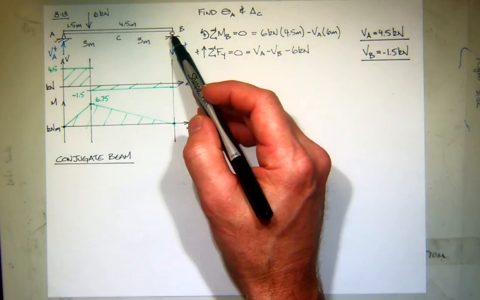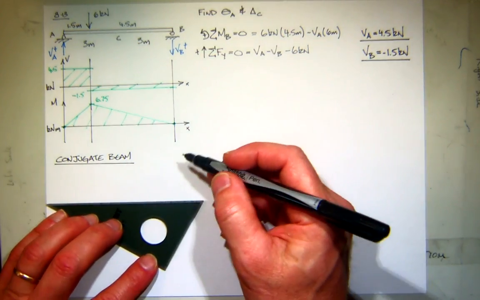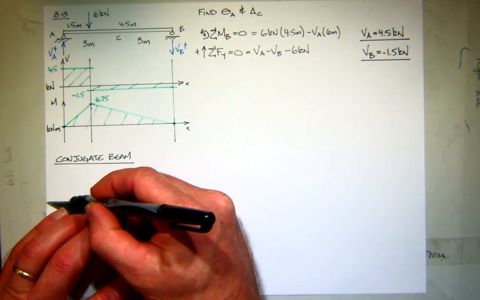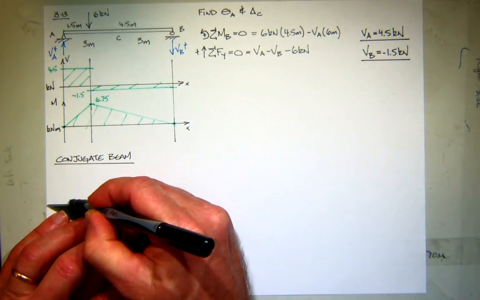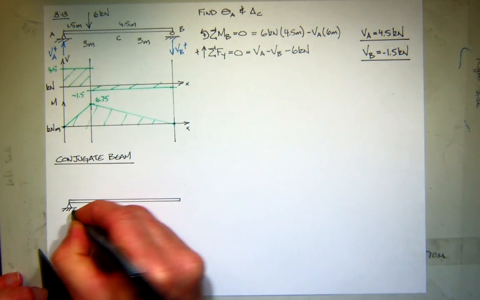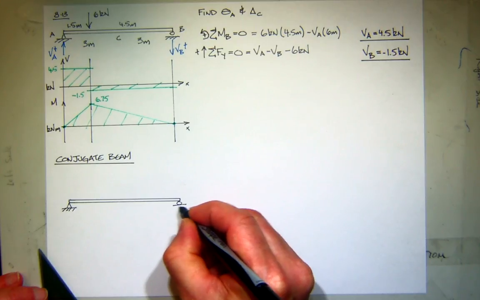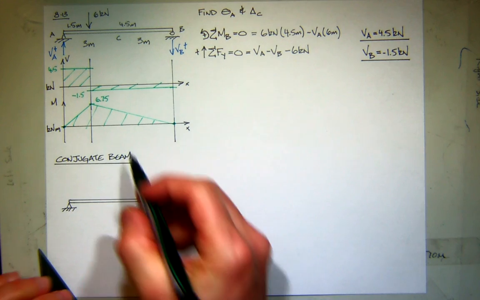And a roller at the end becomes a roller. So conveniently for us, the geometry of the structure is the same and the supports remain the same. I have a pin and a roller. So there's my conjugate beam. And on that I'm going to apply the moment divided by EI.